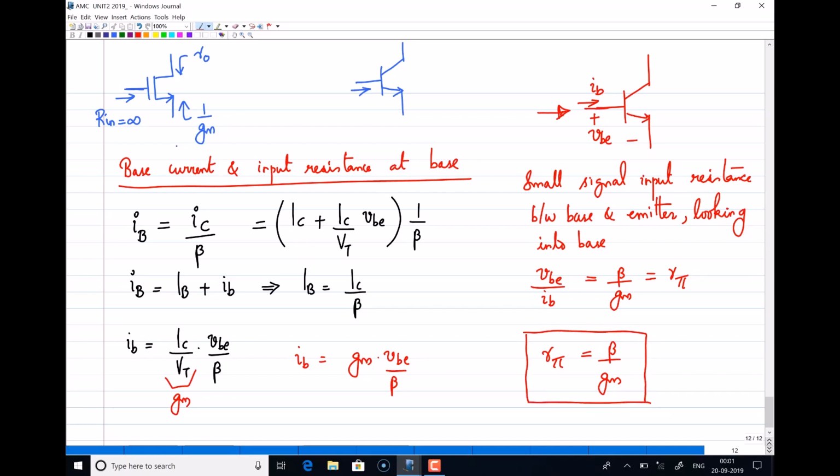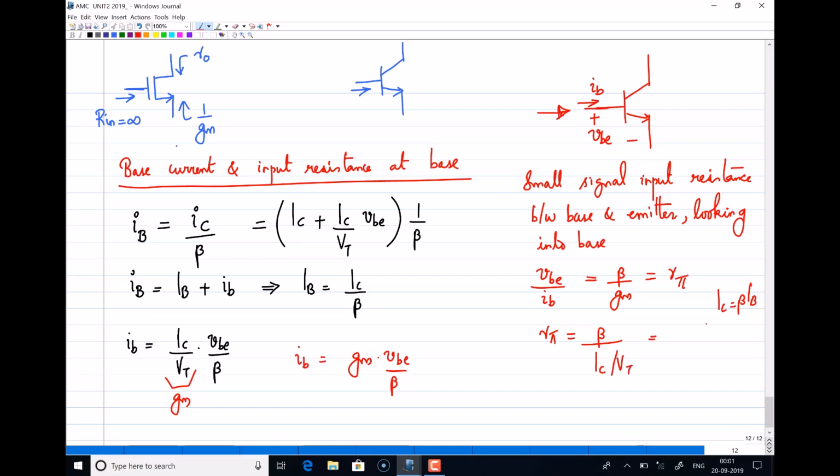Now if R pi is beta by GM, I can further simplify this by substituting for beta and GM. IC equals beta IB, so I'll keep this beta, and GM is IC divided by VT.